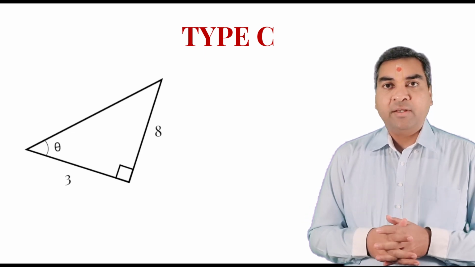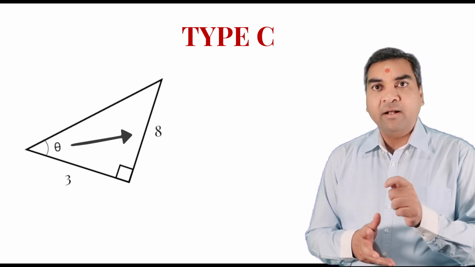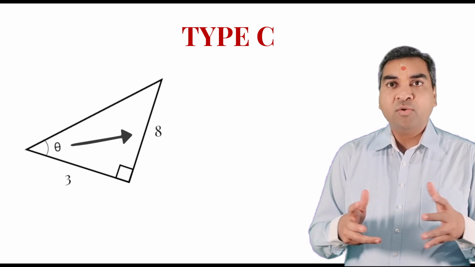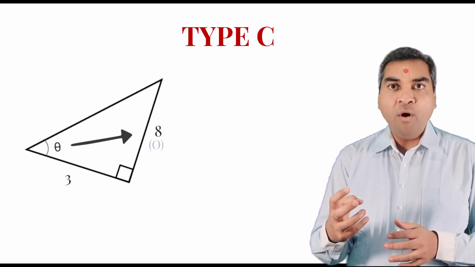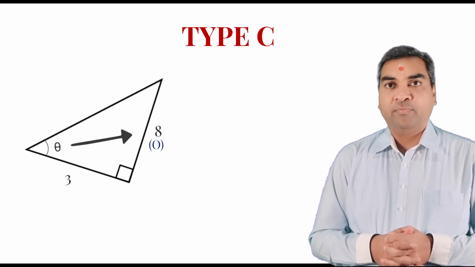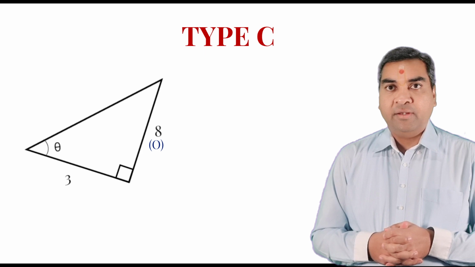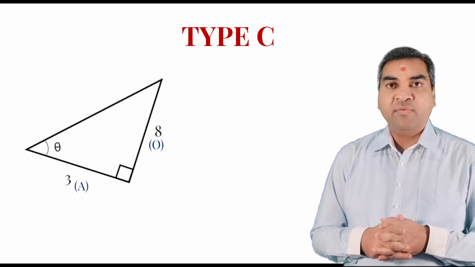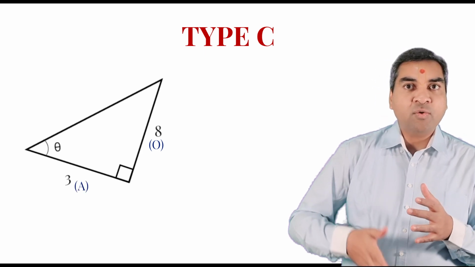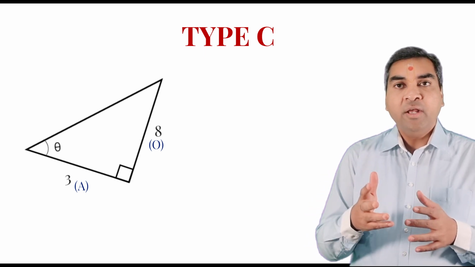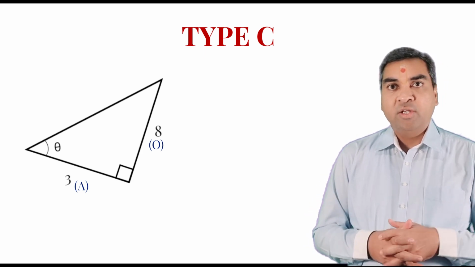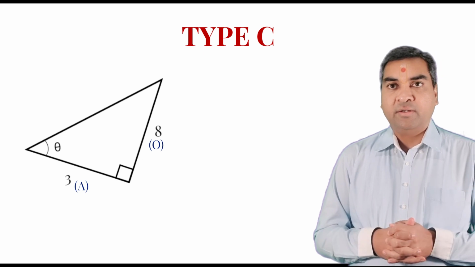Side 8 is opposite to the angle. So that is going to be my opposite. I'll put O next to 8. Side 3 is my adjacent, because definitely it is not opposite to the right angle, so it is not a hypotenuse. So side 3 is my adjacent.